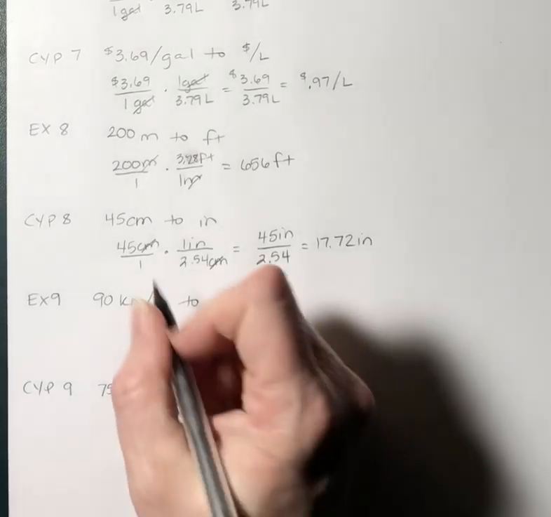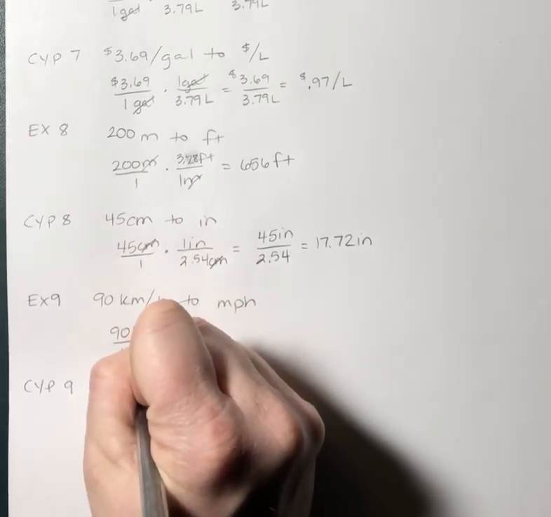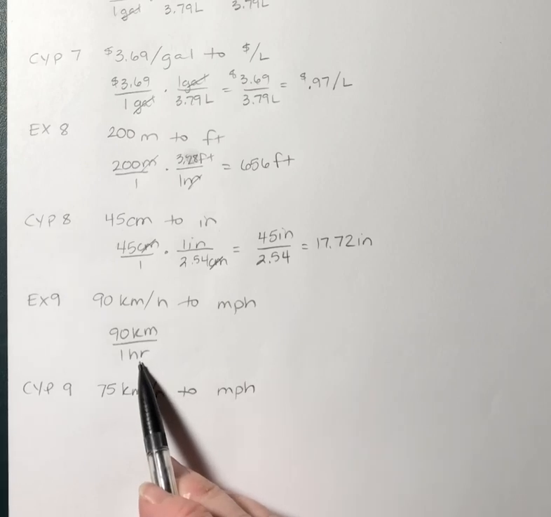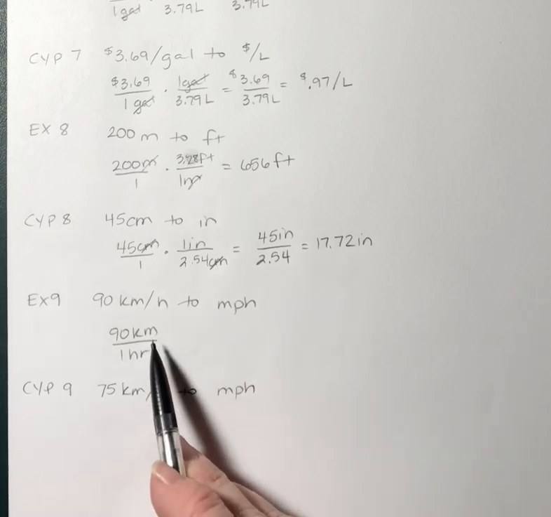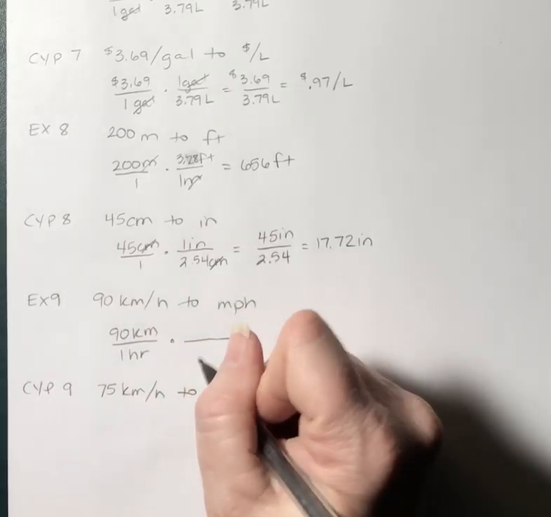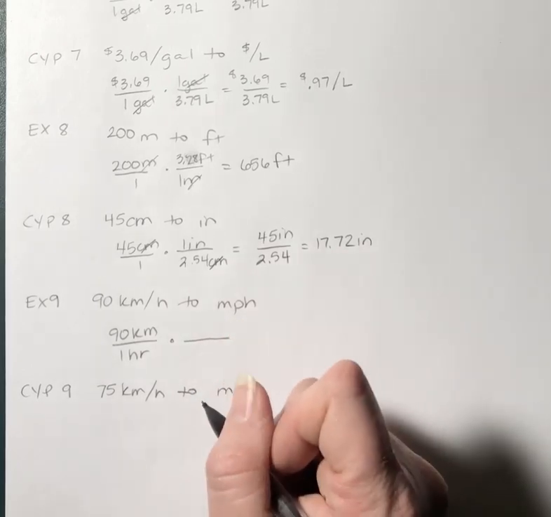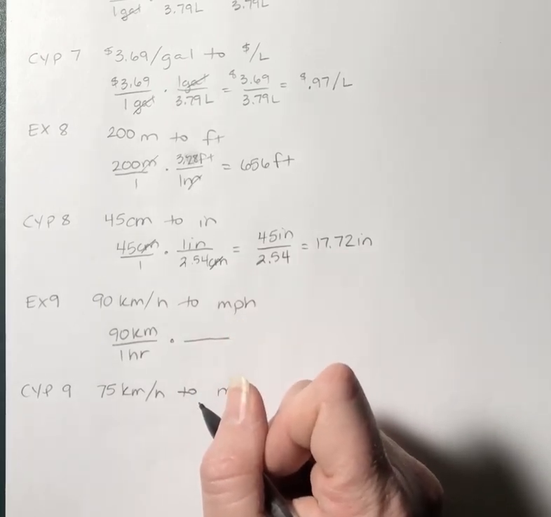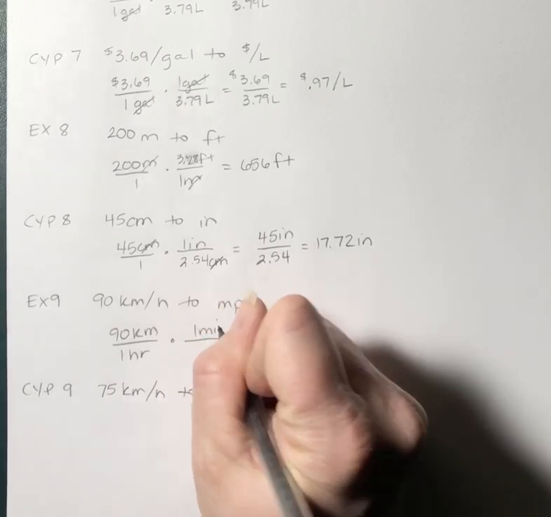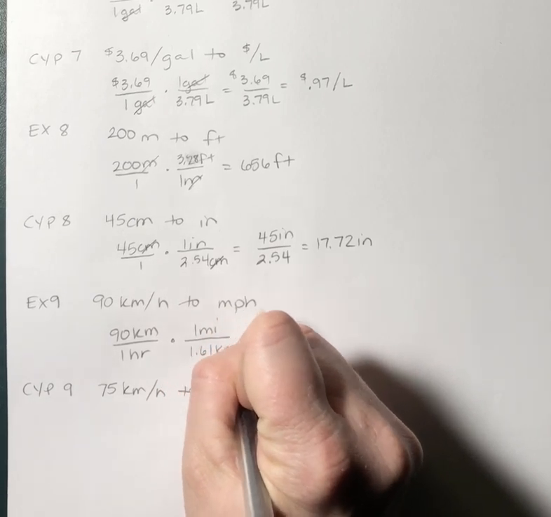Example 9, 90 kilometers per hour, and we want to convert it to miles per hour. So the hours don't need to change, we just need to convert kilometers to miles. So I look on my conversion chart on page 360, and I have 1 mile is equivalent to 1.61 kilometers.